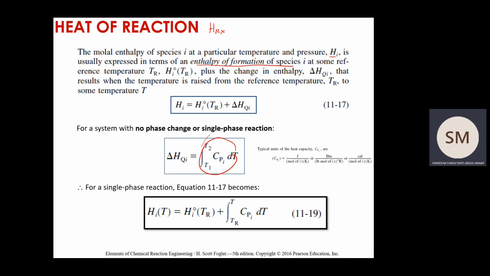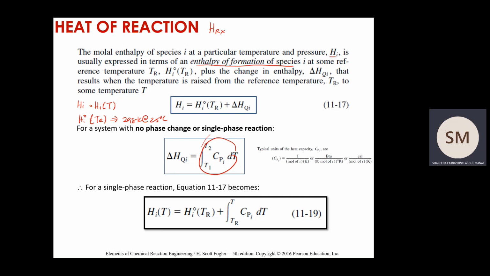Please don't get confused between Hi, or sometimes they also use Hi naught Tr. This one is referring to the standard temperature, which is 298 K or 25 degrees Celsius.